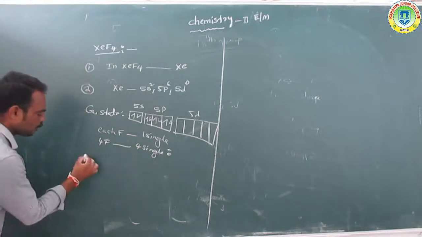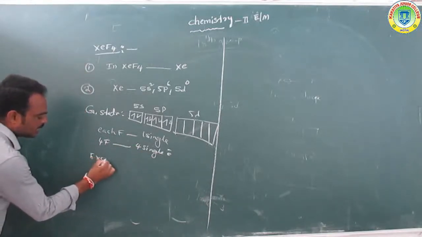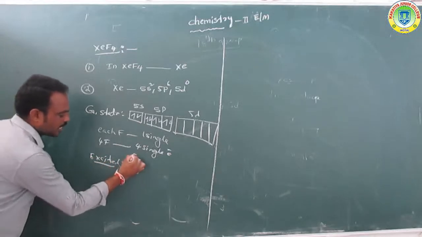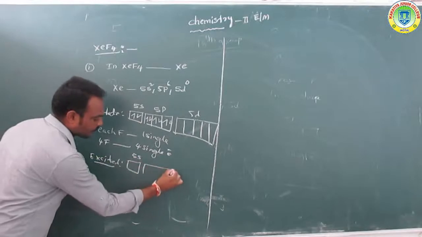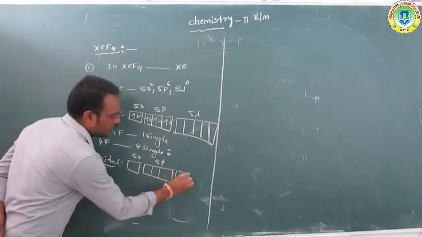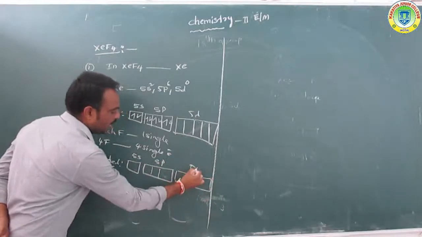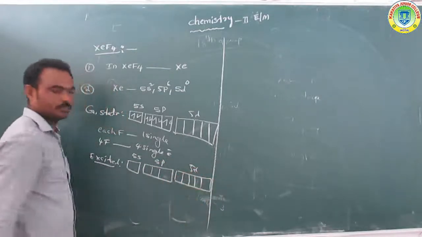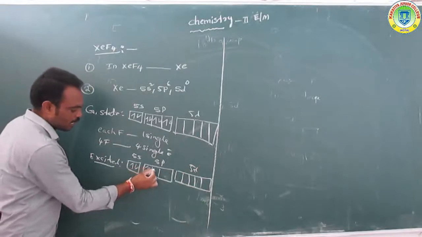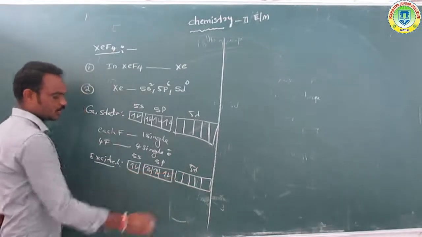So suppose the excited state of xenon: 5s orbital, 5p orbital, 5d orbital. 2 electrons, 2 electrons, 2 electrons.